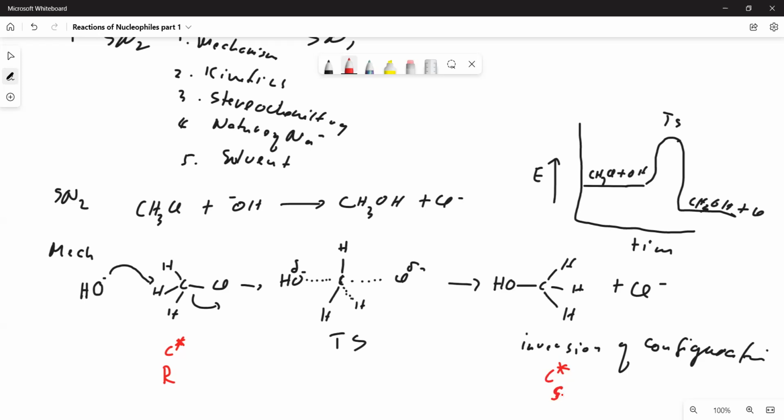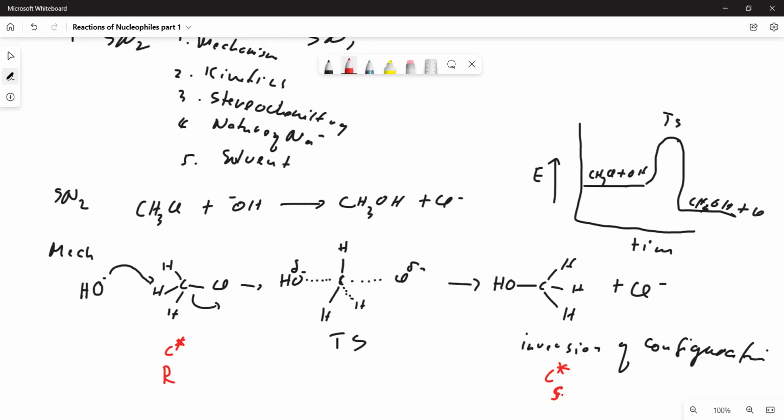That is experimental evidence that the mechanism is SN2. We can check that using a polarimeter to identify the degree of rotation, dextrorotatory or levorotatory. So if there is a change in configuration from R to S or S to R, it is an indication that the mechanism of the reaction is SN2.